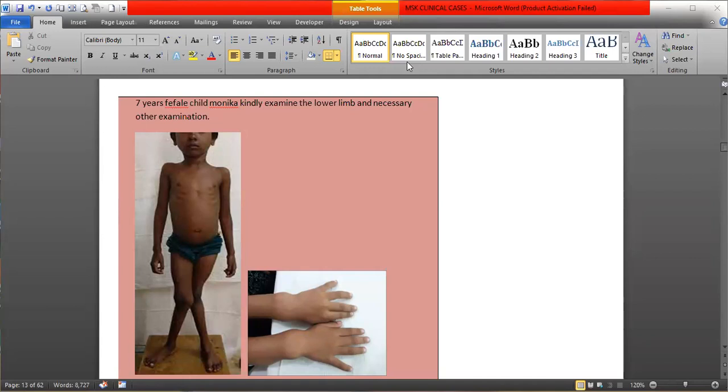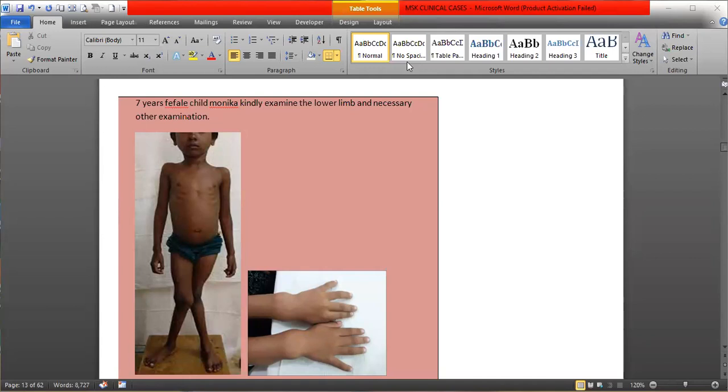Now I am closely looking at Monica from the front, and I can see her muscle is wasting, and there is widening of both wrist joints, and on the legs there is genu valgum deformity.